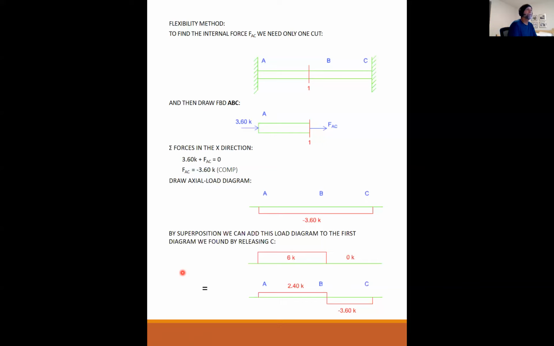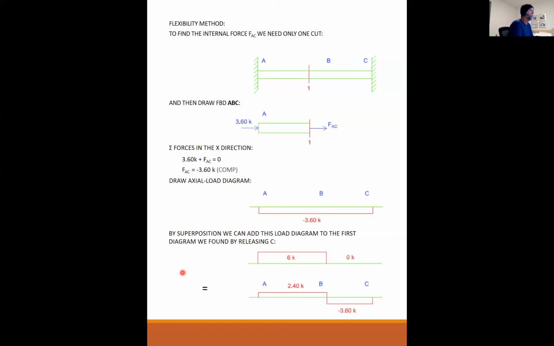I present both of them because one of them is shorter. It has less steps. But in my humble opinion, I find that the flexibility method is a little easier to visualize. So if you're having trouble visualizing it, it's easier to understand the concept of releasing one end, let it stretch out, and then squeeze it back to where it started from and add it all together.